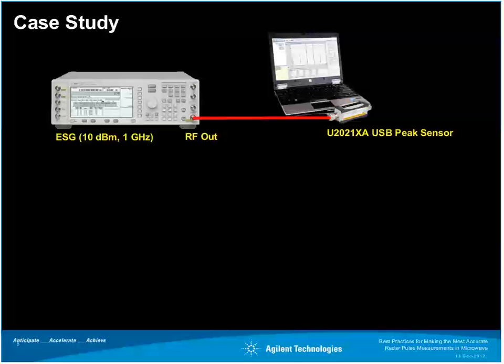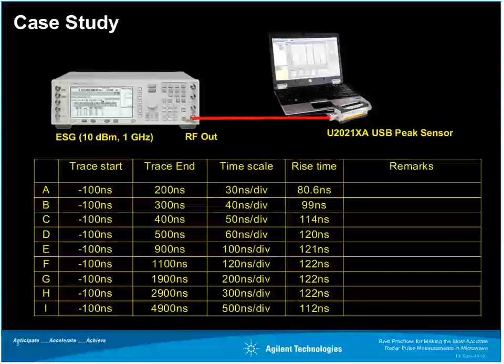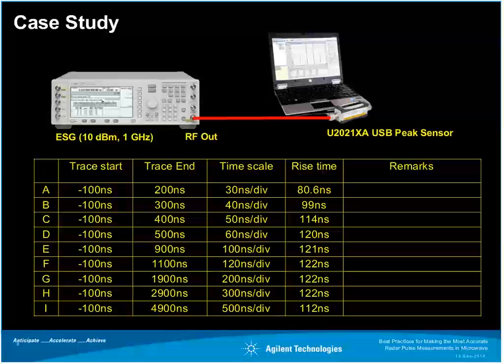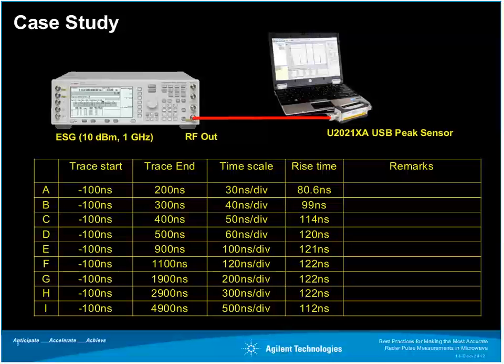Let's take a case study of the rise time measurement of a 10 dBm signal from an Agilent signal source using the new Agilent peak power USB sensor. The table here shows the rise time measurement results based on different capture sizes for the peak sensor, from 30 nanoseconds per division up to 500 nanoseconds per division, while the trace start time is fixed at -100 nanoseconds.